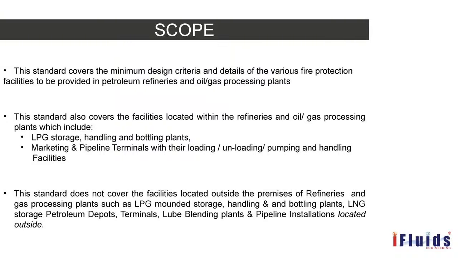All those are not part of this standard. For those, we have to refer to other OISD standards: OISD 114 for LPG handling areas, 169 for mounded storage areas, 117 for petroleum depots, and gas gathering stations and all, OISD 189. All the other facilities will be part of this particular 116.